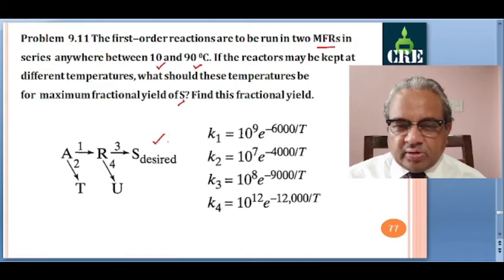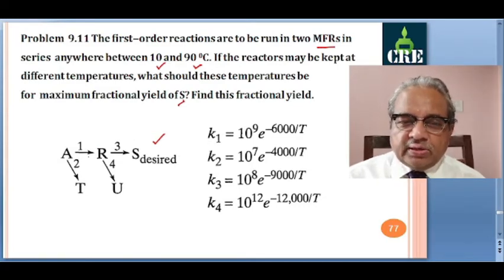S is the desired product. So naturally we want maximum R also, not maximum R at the final stages, but in between we want more and more R so that S is formed. So again we can operate in stages. We manage our temperature such that formation of R is promoted, and later on the formation of S is promoted.